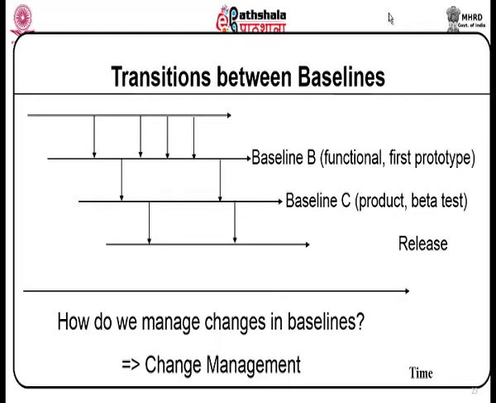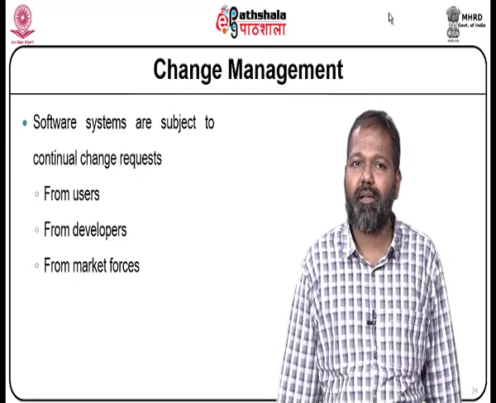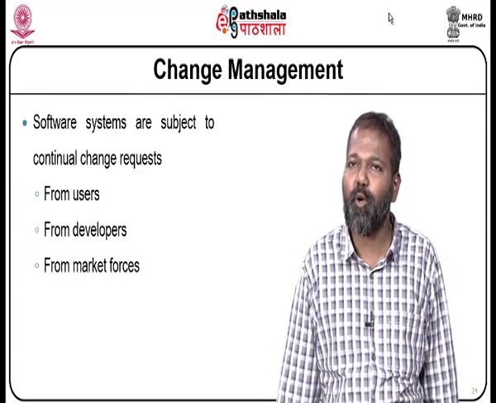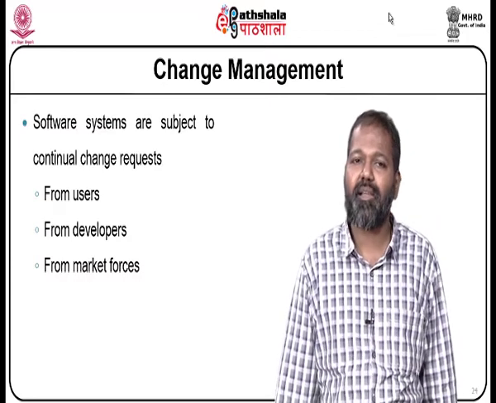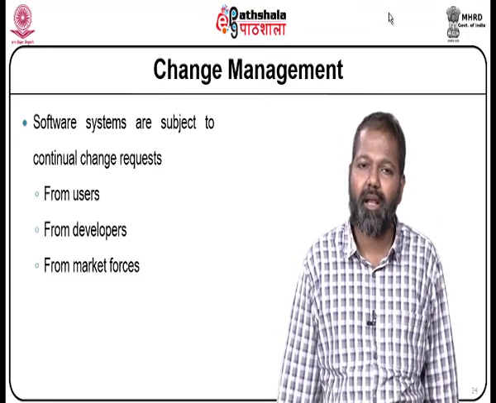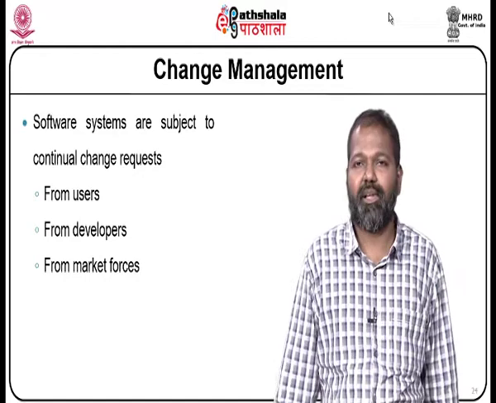Next baseline is release. How do we manage changes in baselines? We have change management procedures. Change management: software systems are subject to continuous change requests from users, from developers, from market forces.